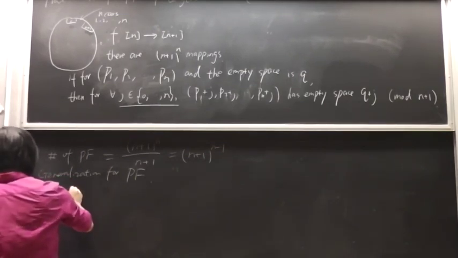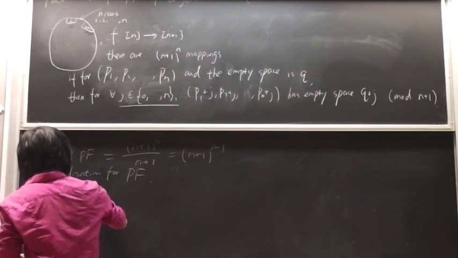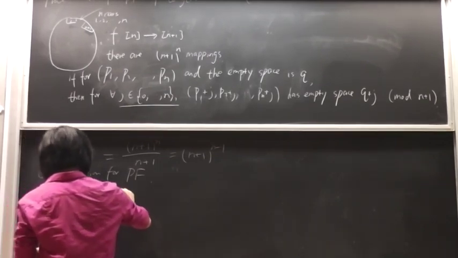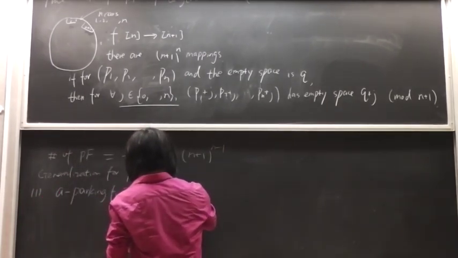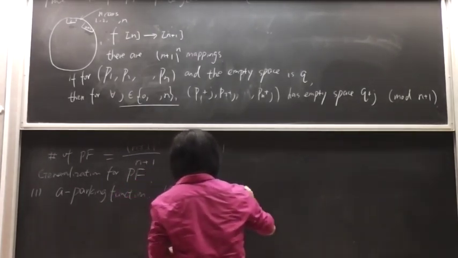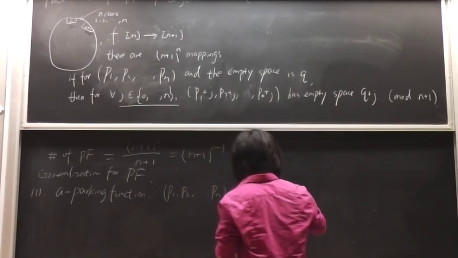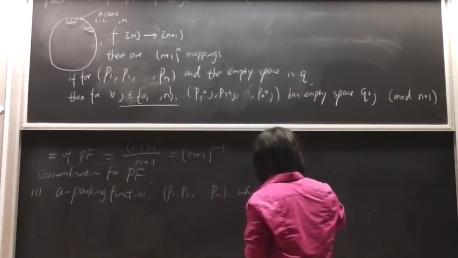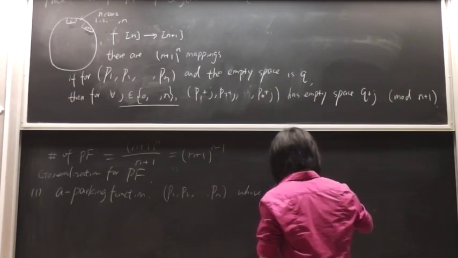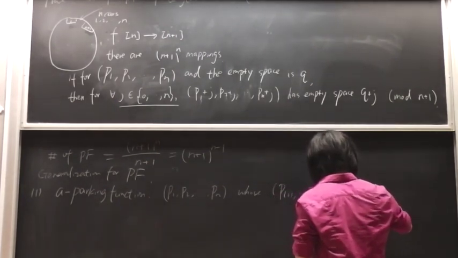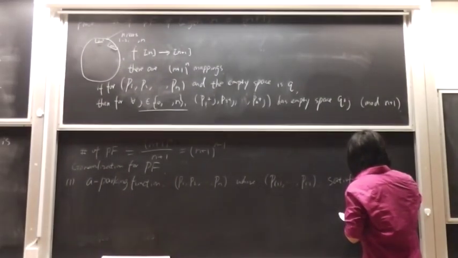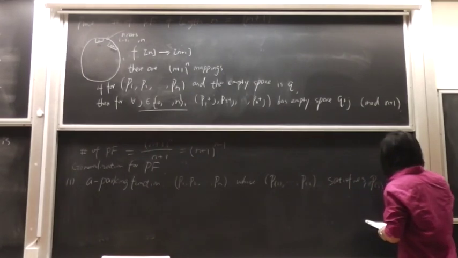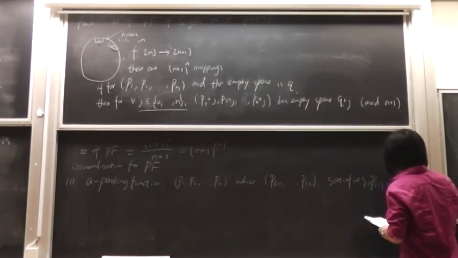The first one, we can call it an a parking function. This is a parking function such that their sorted version satisfies pi greater than 1 and less than a plus i minus 1.